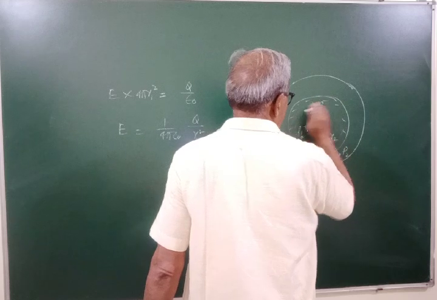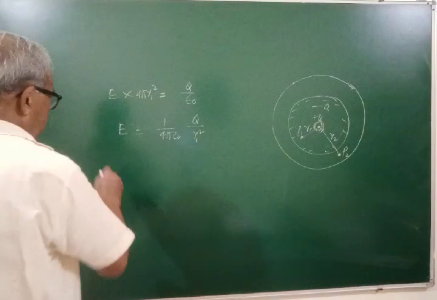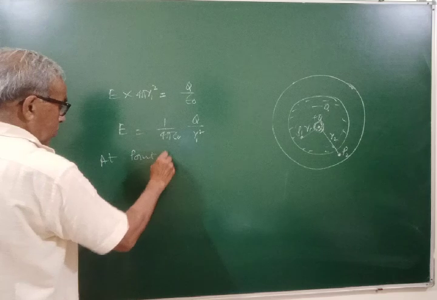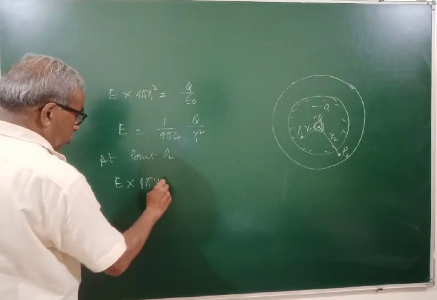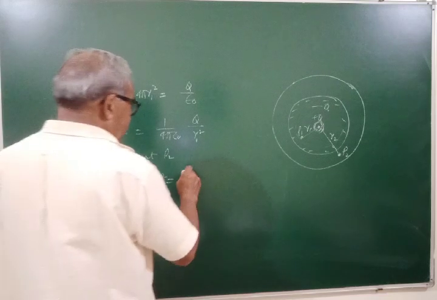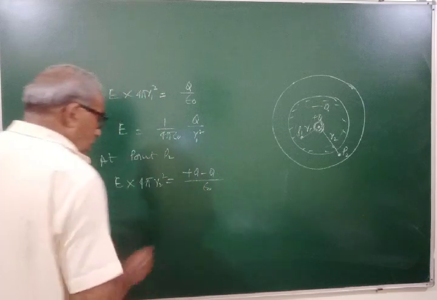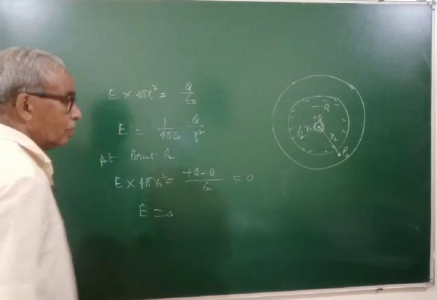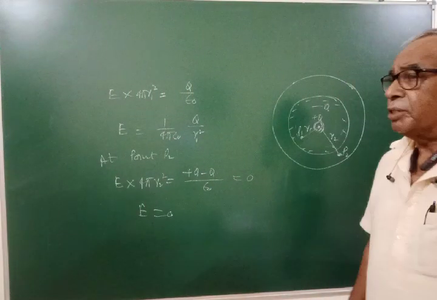Minus q charge will be induced inside, and therefore at point P2, if we apply Gauss theorem, E into 4 pi R2 square equals the total charge inside, plus q minus q, upon epsilon 0, and this is 0 here. So E equals 0. At P2 the electric field will be 0.